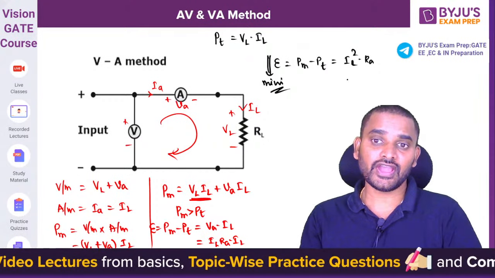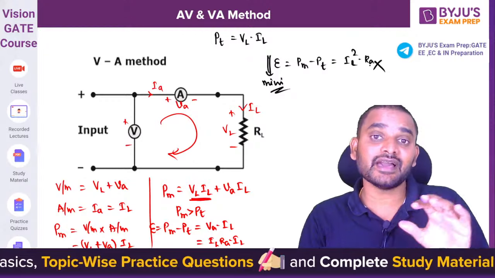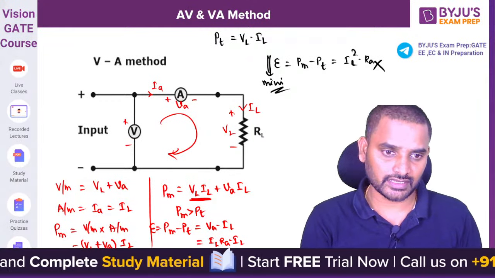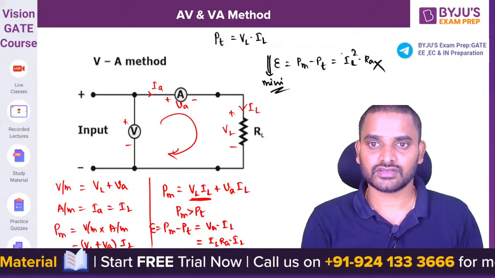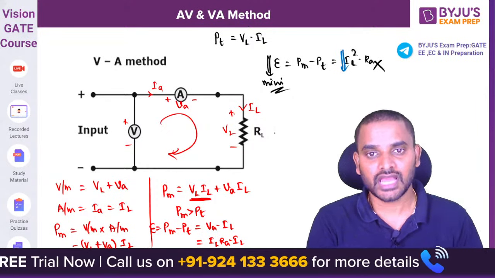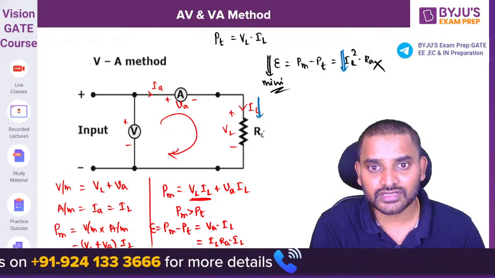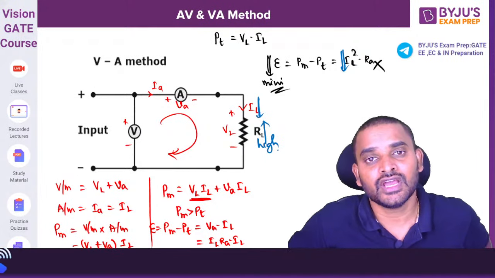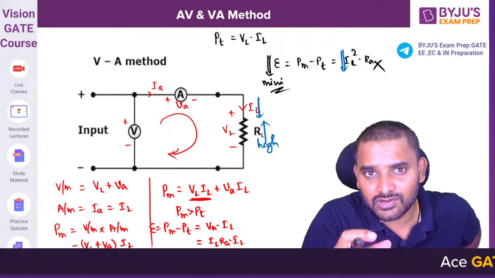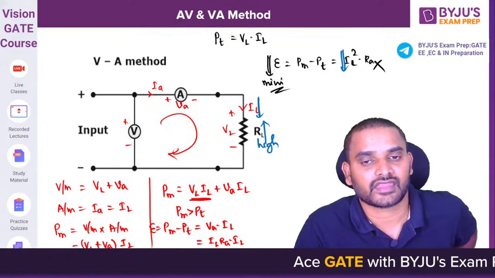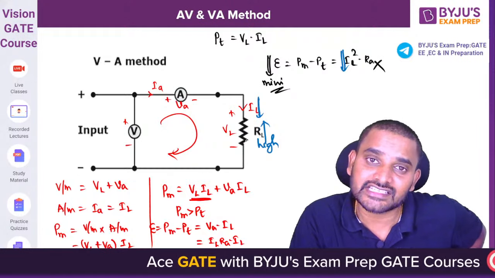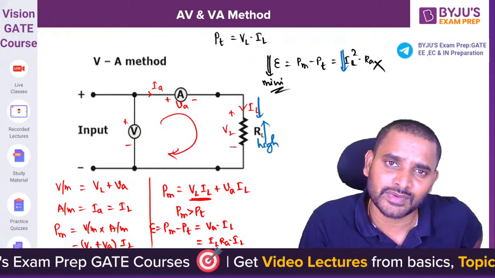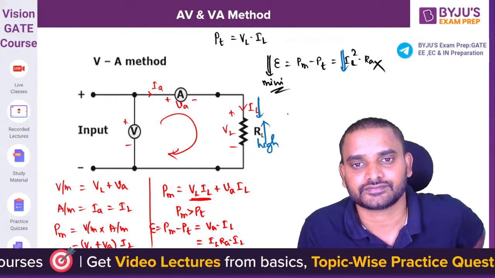But the point is you cannot change the ammeter resistance once it is designed. The only thing you can do is minimize the current flowing through the load. How to minimize the current flowing through the load? Increase the load resistance. That is, use a very high load resistance. If you use high resistive loads, maybe kilo ohms or mega ohms, then the current flowing through that load will be minimum and the error is also minimum.